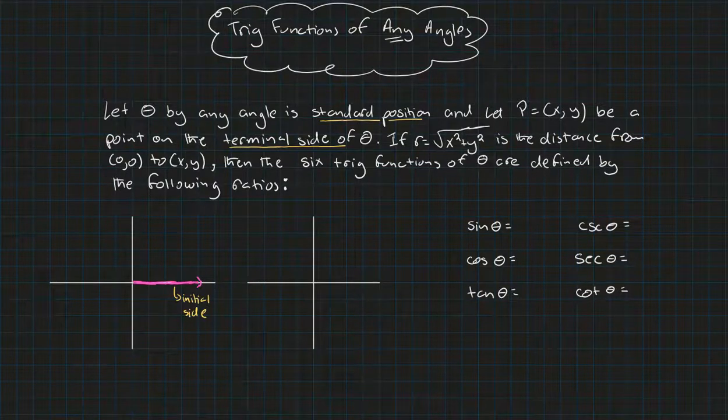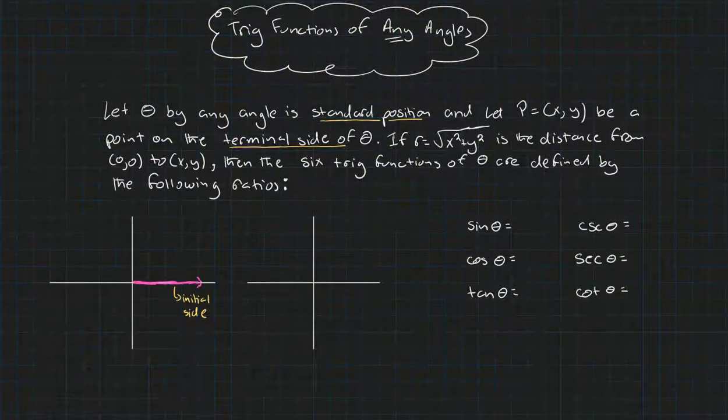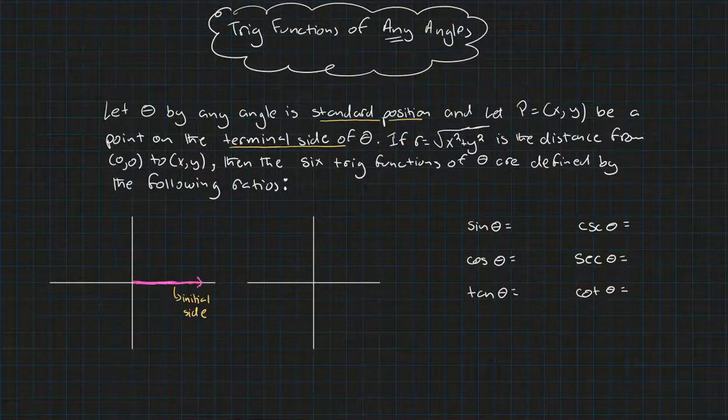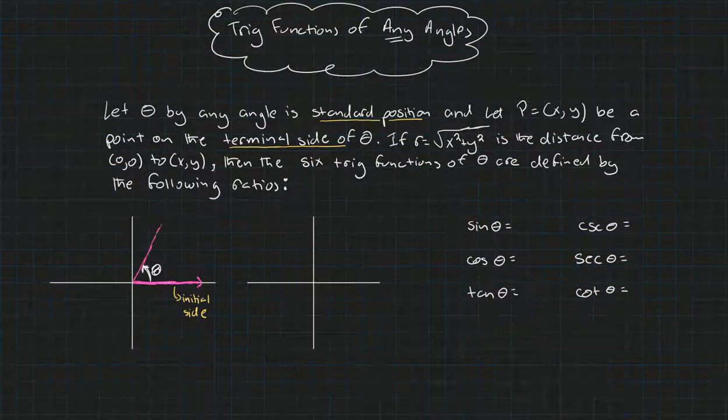Well, what is the terminal side? Terminal side is what opens up to the angle theta. So for example, if I have this angle that is opening up, and let's say this right here is theta, this is the terminal side that it's opening up to.